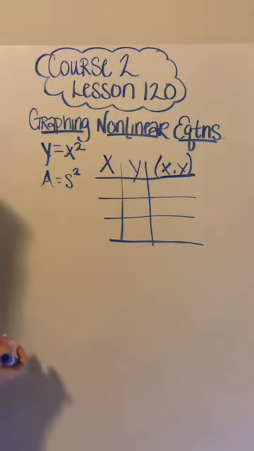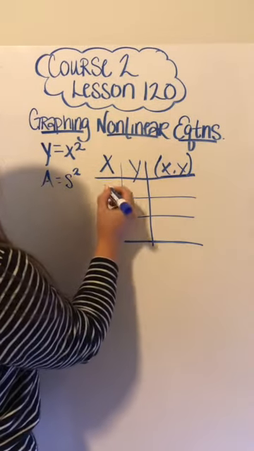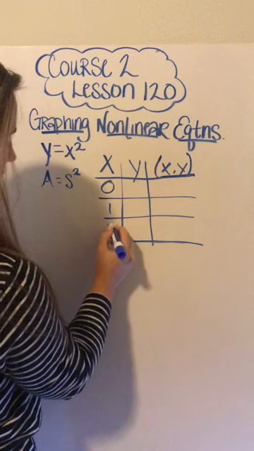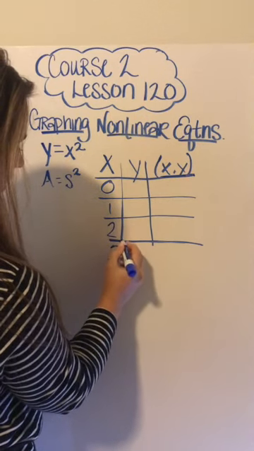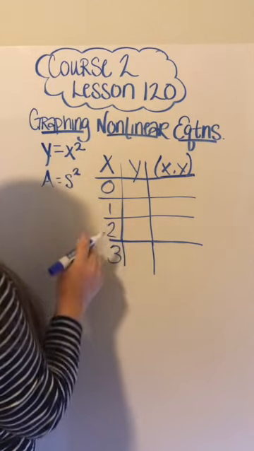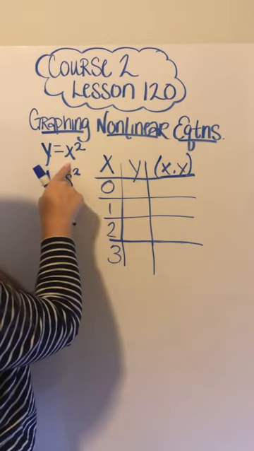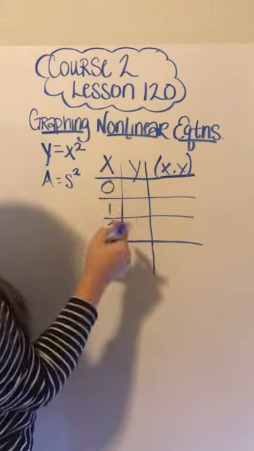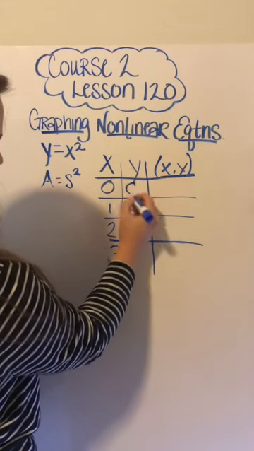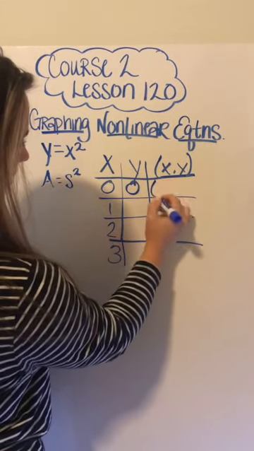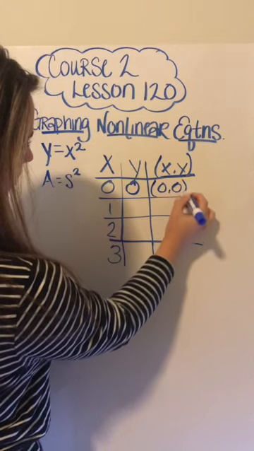so you generally want to start with simple numbers. So we will start with 0, 1, 2, and 3. So when we plug 0 as x into here, we know that 0 squared gives us 0. So our first ordered pair is 0, 0.